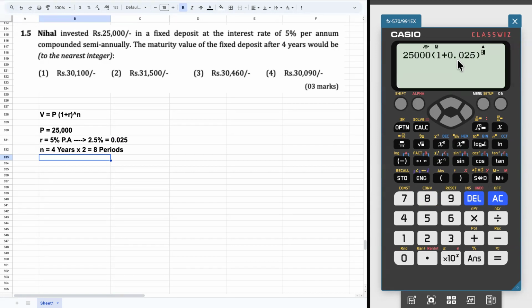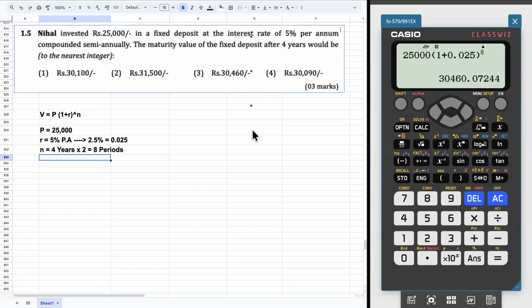And how many 6-month periods are we going to keep? 8 periods. It means we are going to receive the interest of 2.5% for 8 periods. Please enter it. You can get the answer 30,460.07. So you can round it off to 30,460.